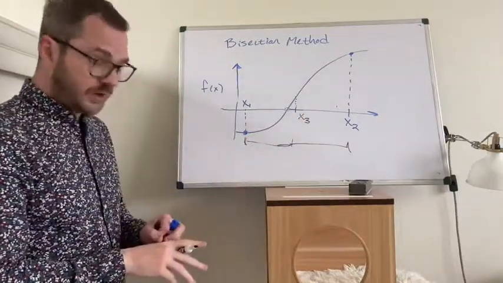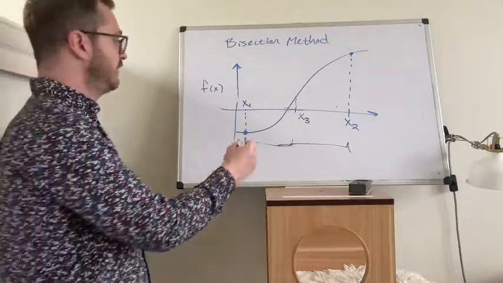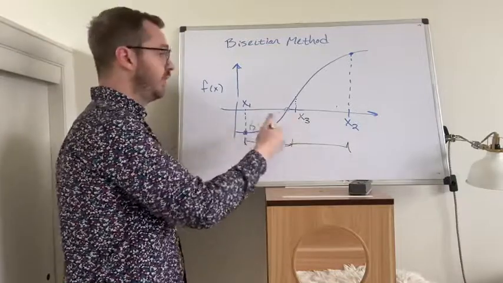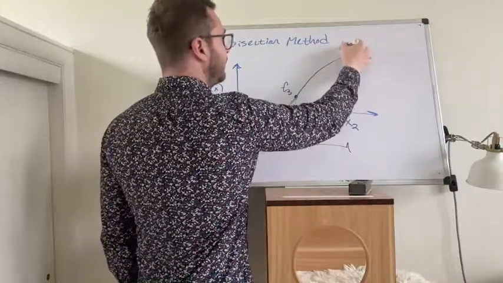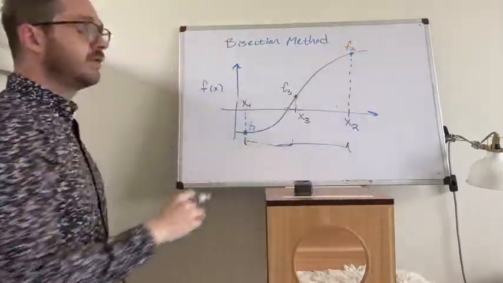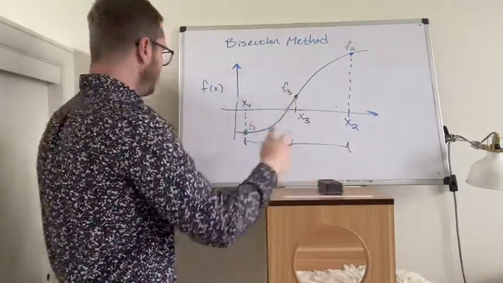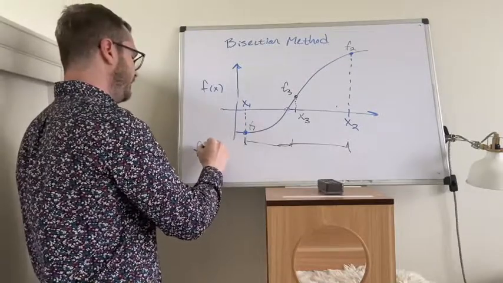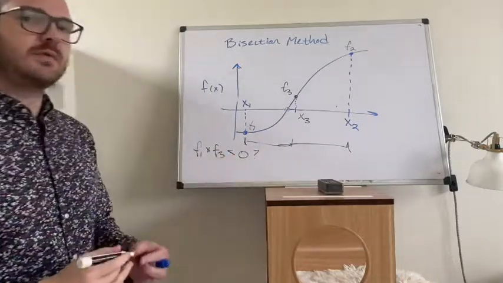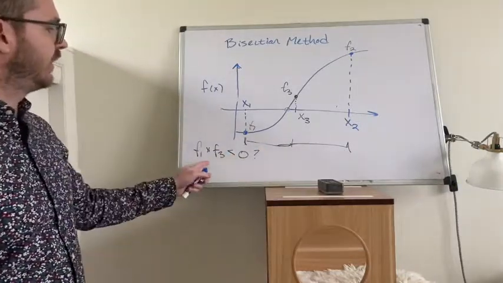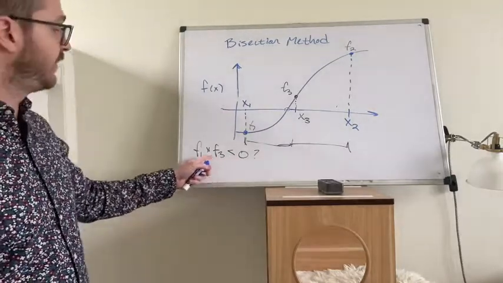Well, we're going to use the mean value theorem, the same thing we put forward a minute ago. Only now, if this is f1, this one here is f3, and here is f2, we're going to check if there's a sign change between f1 and f3. So if I say f1 multiplied by f3 is less than 0, it means one of these is negative and the other is positive, so there's a sign change.